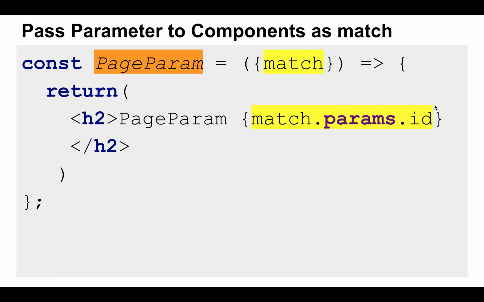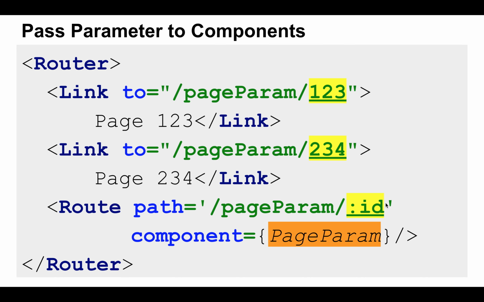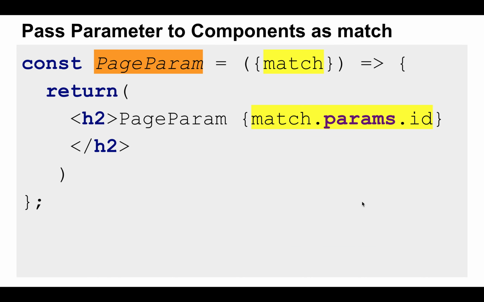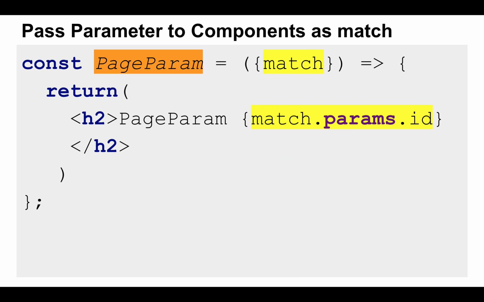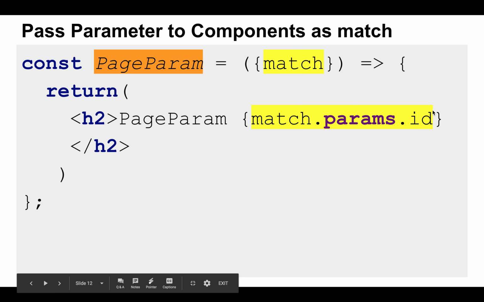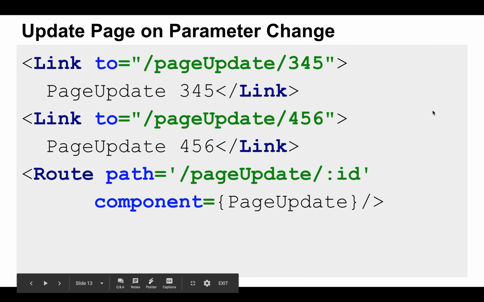Match.params will have that ID. See this ID? That ID is this ID here. It's available to us through match.params. Who put it there? The folks that implemented the router and the link chose those names, to call it match, to call it params, and it will pass in that data over here. Make sense?